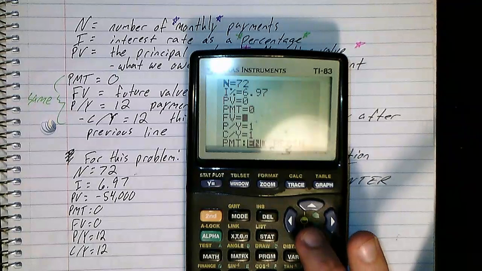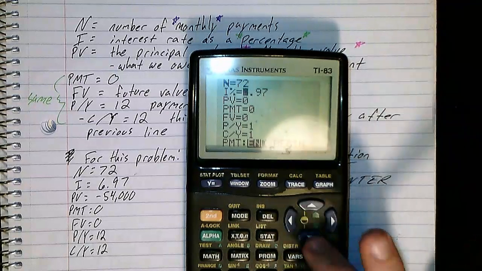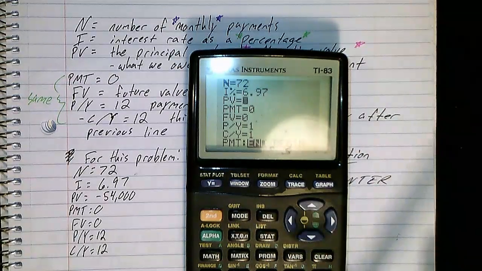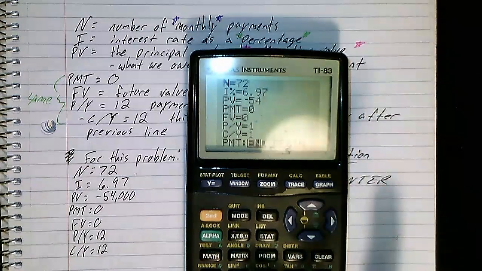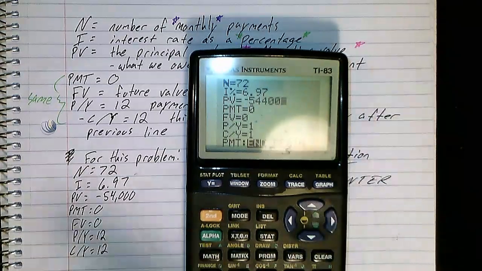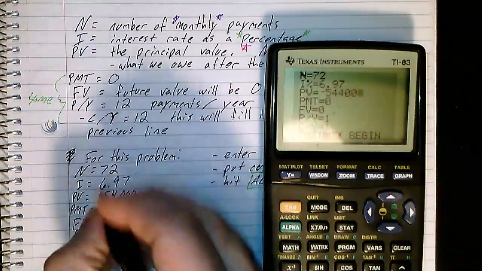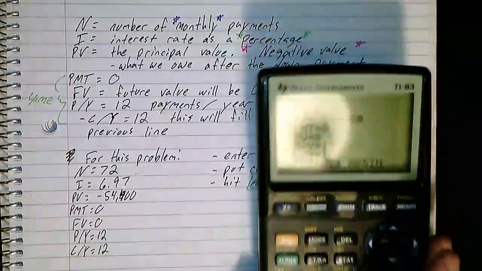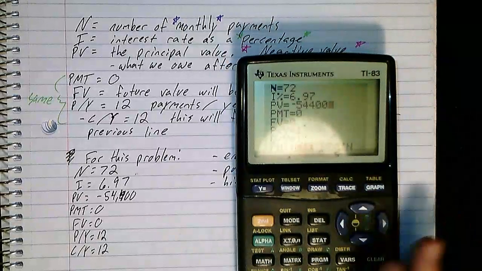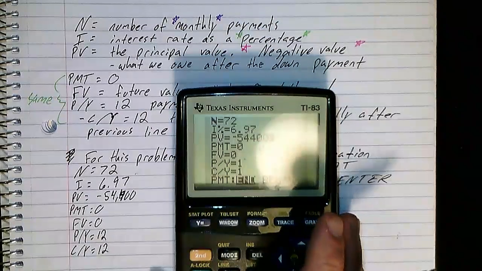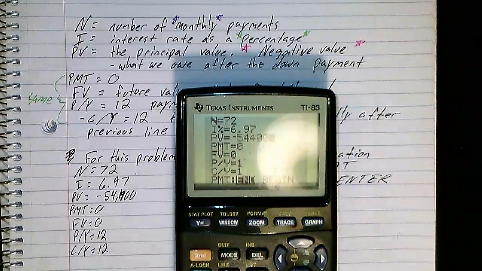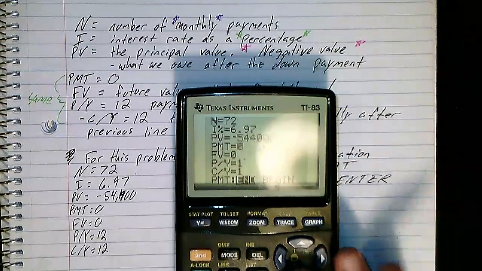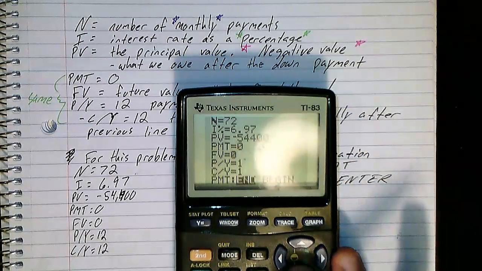PV is negative 54,400. I made that mistake earlier. The truck was not $70,000, but $74,400. So negative 54,400. And now PMT and FV are both 0.